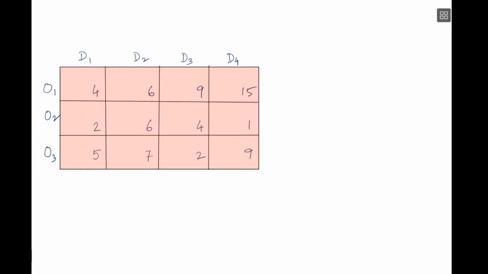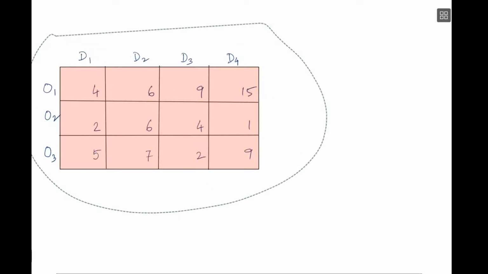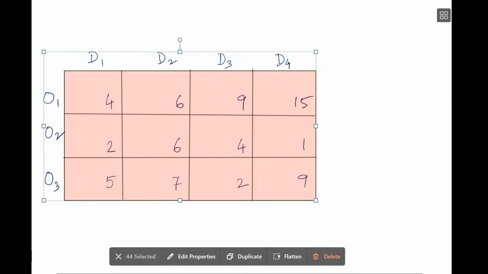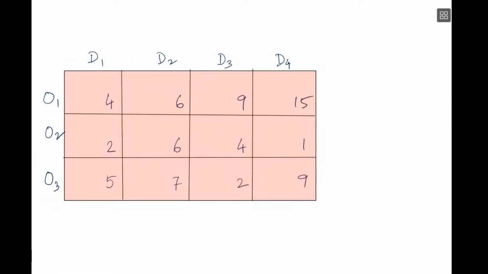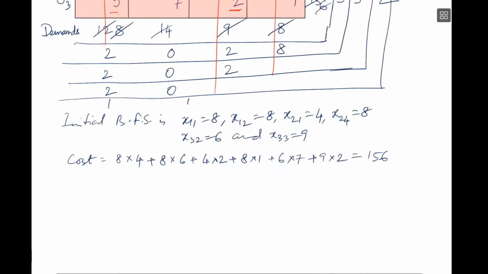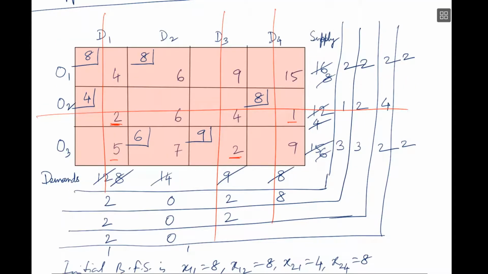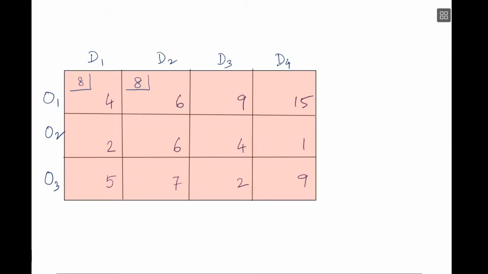Rather, I am writing the solution first. 8 here, 8 here, then 4, 8, 6 and 9. We will find the Ui and Vj.